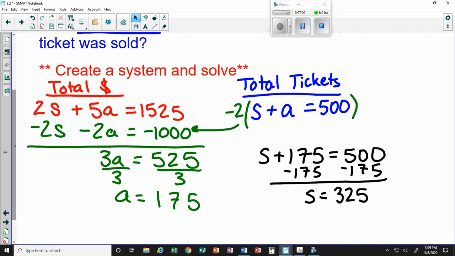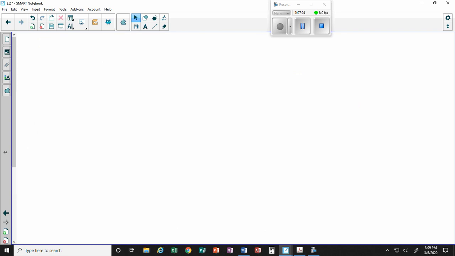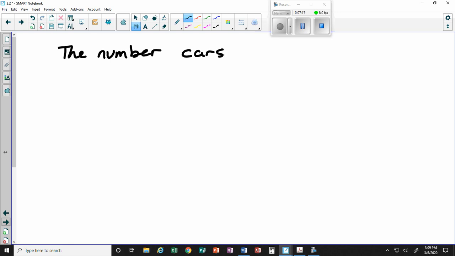Okay, the other types of equations you might get. That was where they gave us totals for each. So another type, if they say the number of cars is 13 more than the number of vans, you have to be careful with these.